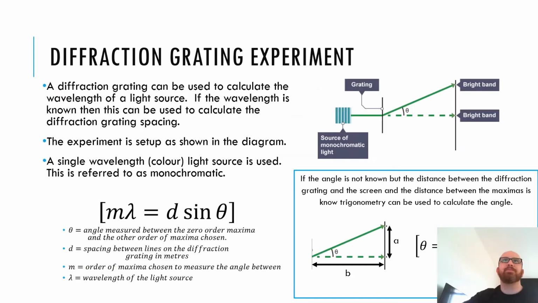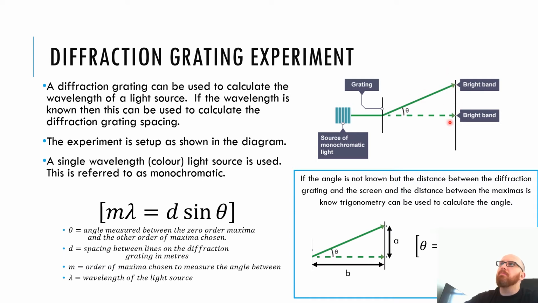Right, there is a very common experiment for diffraction grating that we use. That has, very similar to the last slide, a source of monochromatic light. Monochromatic means single colour, and that's to stop any multiple amounts of diffraction or spectra produced. So that'll be a laser of some description. Diffraction grating here, you've got a zero order maximum in the middle, a bright band of light, and you would have another bright band, whatever angle up.